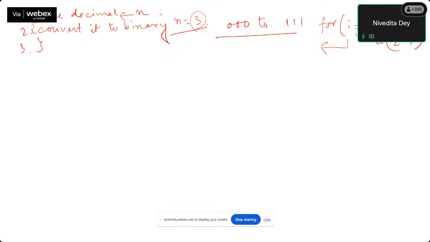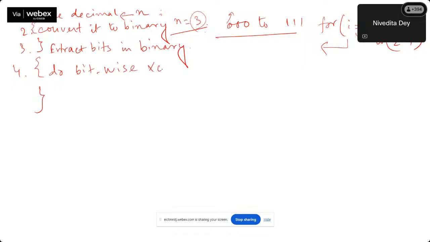Once you have done that, extract bits in binary. Then we'll be having all the bits, and then bit by bit do a bitwise XOR. Store it somewhere.